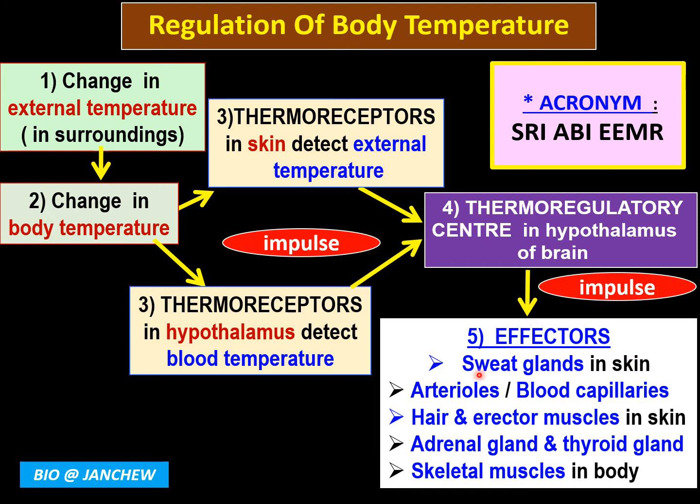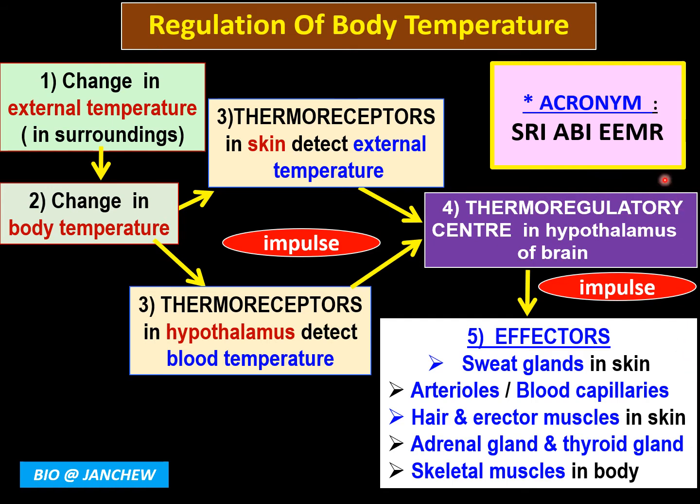These include the sweat glands, the blood capillaries and arterioles in the skin, the hairs and the hair erector muscles in the skin. Other than that, we have the adrenal gland and thyroid gland, which are also involved in temperature regulation, and skeletal muscles in the body also play a role, which we will discuss in the next few slides.